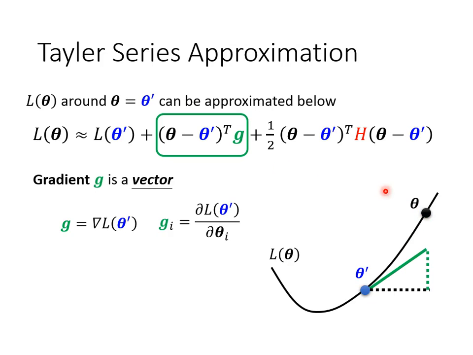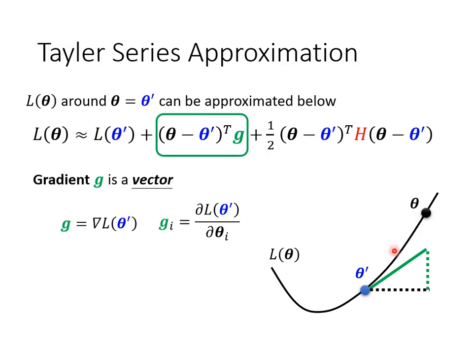Although we said that theta and theta prime should be close, there are still some gaps between them. This gap, for the first term, we use the gradient to represent the gap between them. Okay, how about g? Gradient will sometimes be written as the gradient of L of theta prime. G is a vector. Its ith component is the derivative of L with respect to ith component of theta.